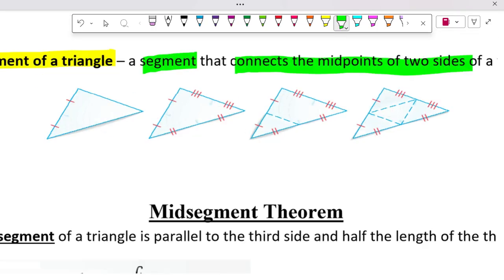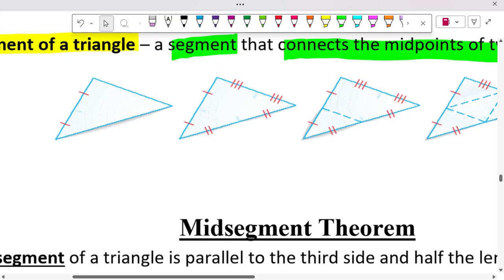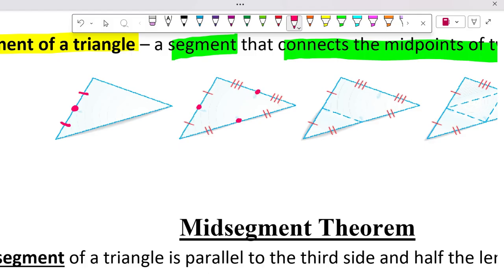So for example, what they did here, the midpoint of this side would be right here, which you can tell because they marked these two little pieces as congruent. That means that they're half of that side. And they did that to all three sides. So here, here, and here. Those are all midpoints.